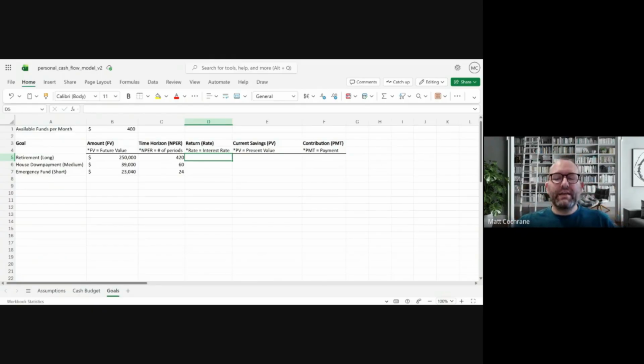So we're going to say that in the first case, if we had a 60-40 portfolio, we may look at, say, 6% as the rate of return, but that is on an annual basis. And so we want this to be in monthly terms. Okay, so that gives us 0.005.